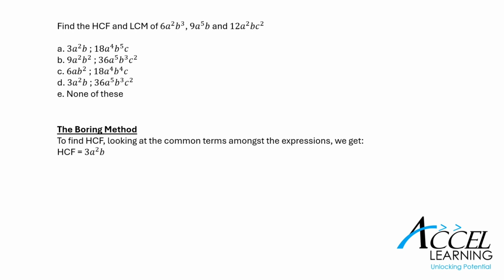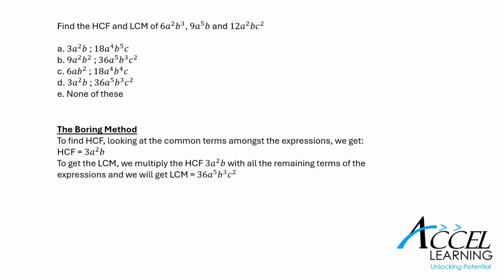To get the least common multiple, we multiply the highest common factor 3a squared b with all the remaining terms of the expression, and we will get least common multiple of 36a raised to 5 b cubed c squared. Therefore, the answer is letter D. And the estimated time to arrive at the answer is 45 seconds.